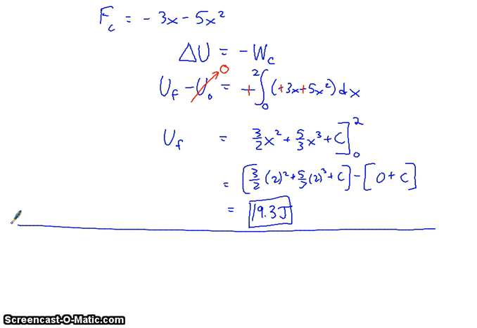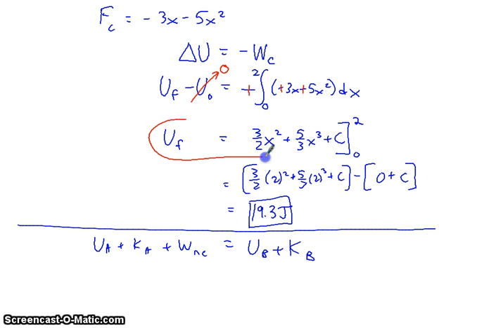Okay, how about B? Question B says that we are to find the speed when it passes through the origin, and they give us its speed at a different location. Well, this sounds like U K U K to me: U at A plus K at A plus W nc equals U at B plus K at B. And what we have right here is an equation for the potential energy.